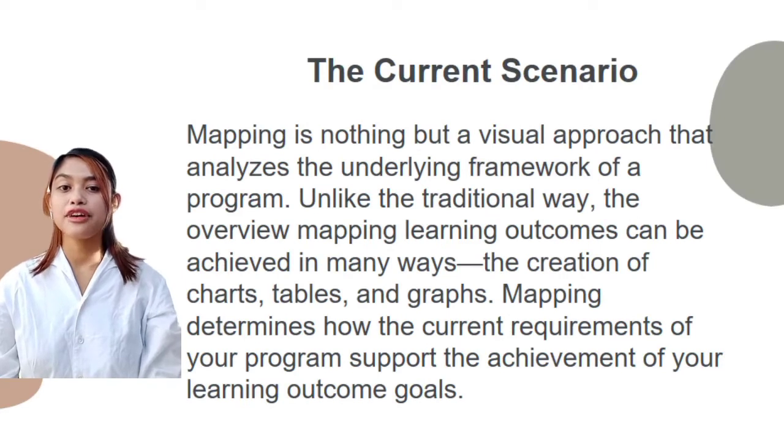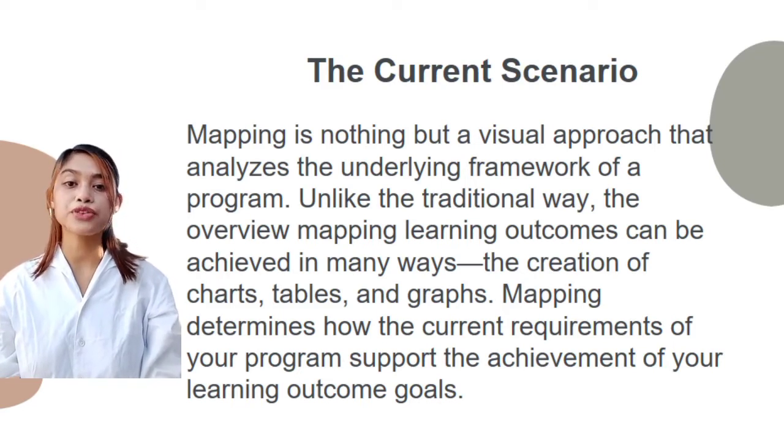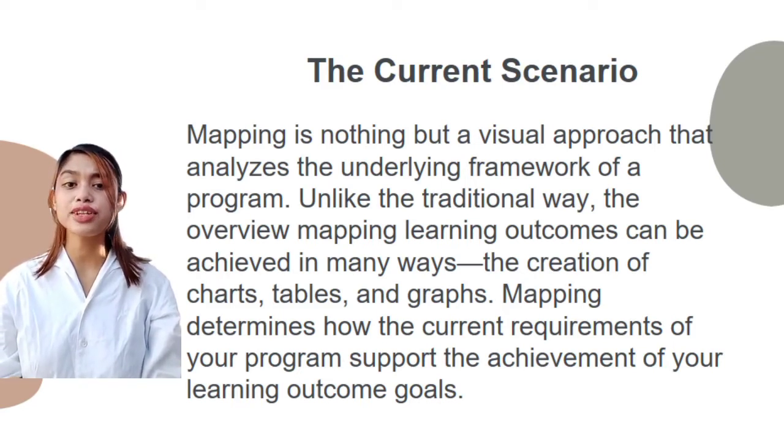So let's have the current scenario. Mapping is nothing but a visual approach that analyzes the underlying framework of a program. Unlike the traditional way, the overview of mapping learning outcomes can be achieved in many ways, such as the creation of charts, tables, and graphs.